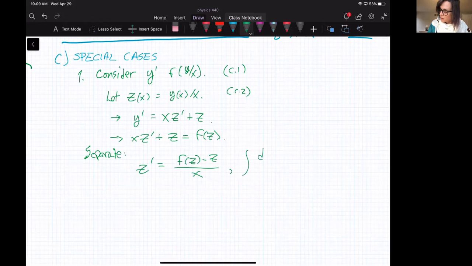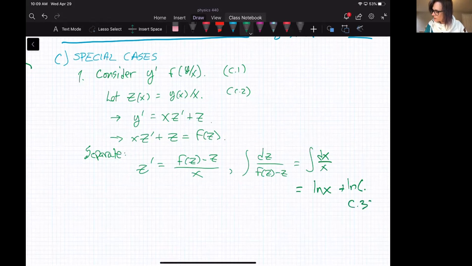And then the integral of dz over f of z minus z is equal to the integral of dx over x, which of course is equal to the natural log of x plus the natural log of c, which of course we could just make any kind of constant.